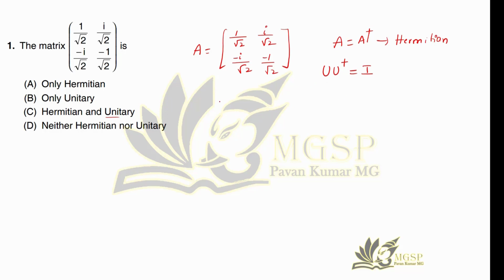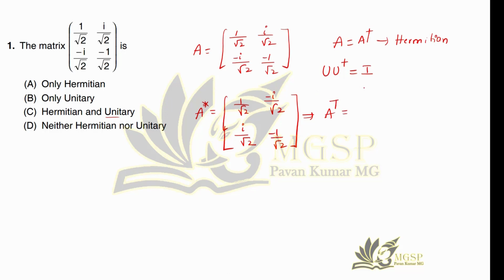Now let's find the dagger of this matrix. First I will take the conjugate: 1 by root 2, minus i by root 2 becomes plus i by root 2, and minus 1 by root 2 stays the same. Now you have to transpose this. Sorry, this is the transpose of the matrix.